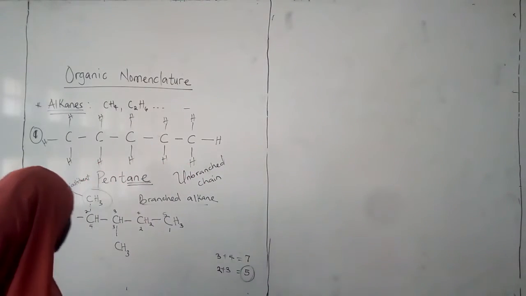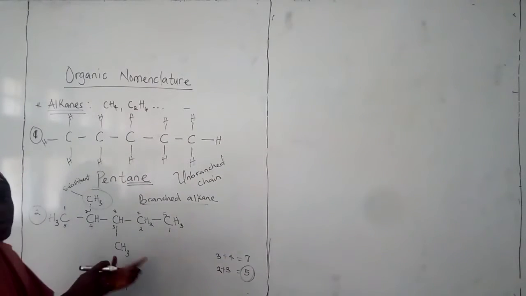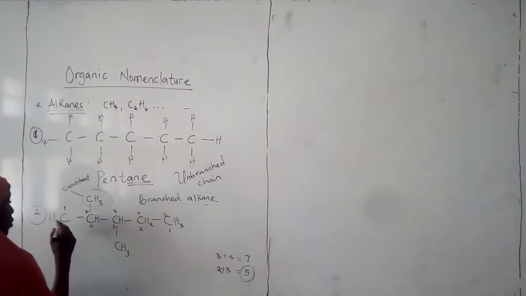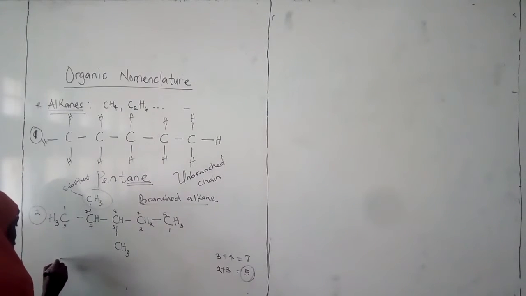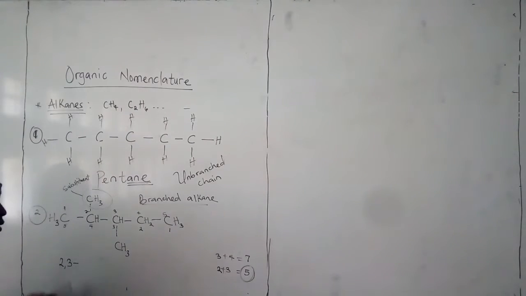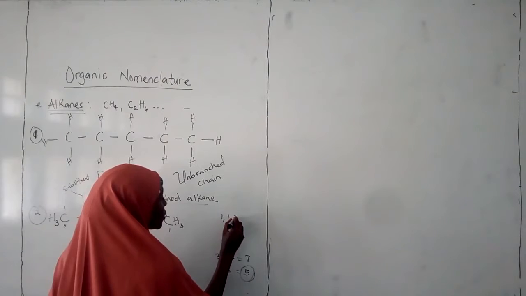So if we are going to name this, since we have the same substituents, methyl and methyl, it's going to be 2, 3. Since we're writing the numbers, we put a comma. If you have like 5 methyls, you have 1, 1, 1, 2, 2.